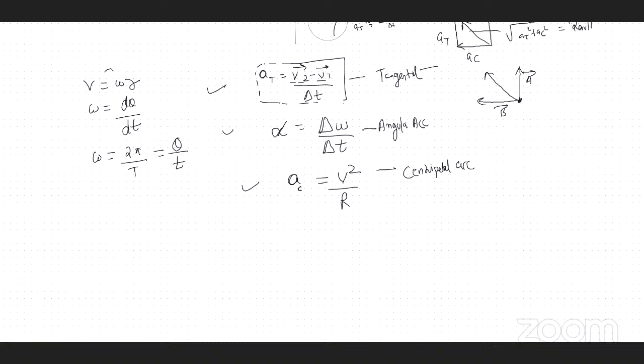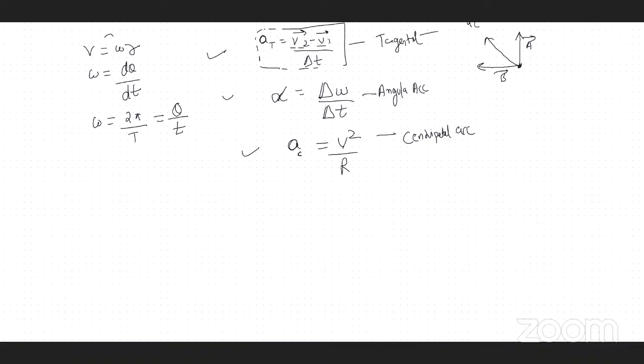Let's say you have a situation where the body is moving with a linear velocity given by v is equal to 2t square.